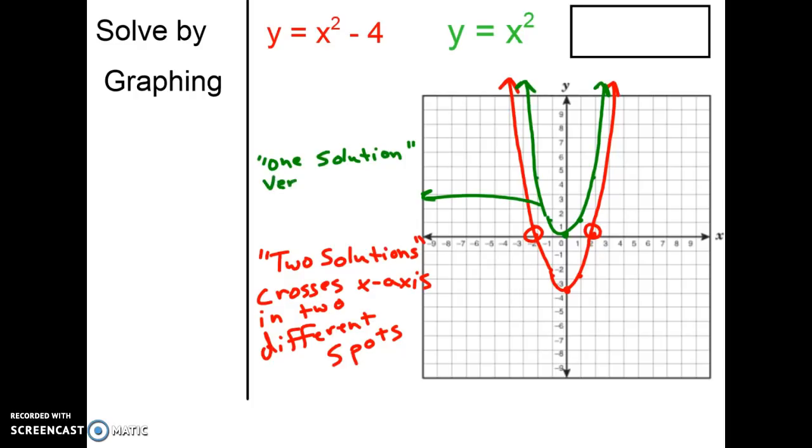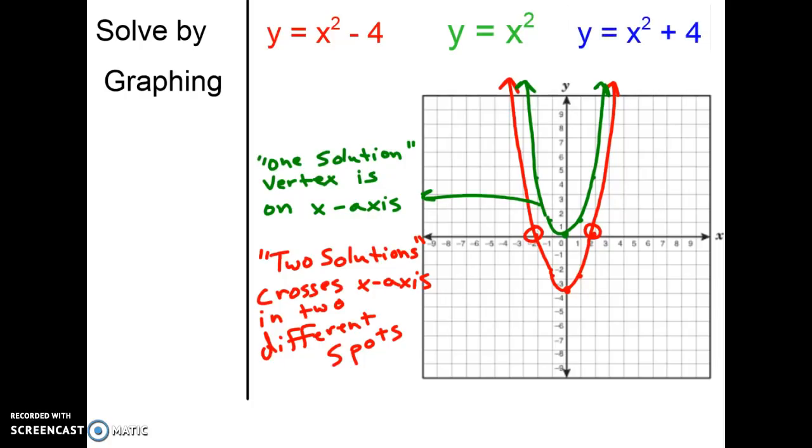It only touches the x-axis in one spot, and for a parabola that has to be the vertex.